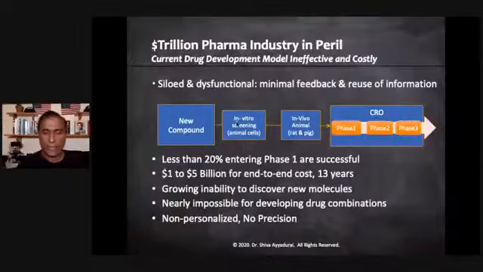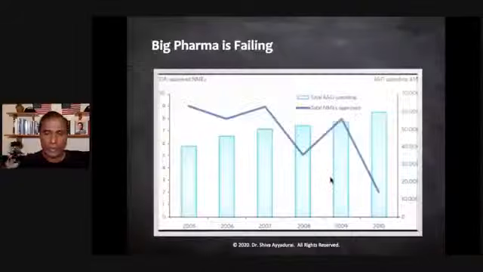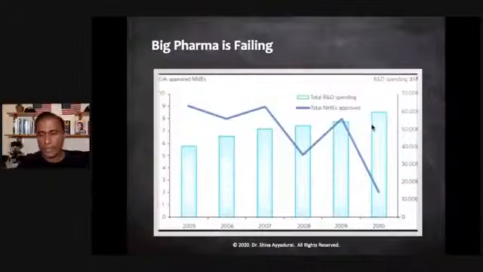They discover a compound, test it in a test tube, kill a bunch of animals, and then test on humans. This takes a long time. It takes 13 years, is very expensive, and it's not working. In fact, year over year, as the bar chart shows, the more money they spend on the R&D process, the fewer new drugs they discover, because the FDA is not even allowing many of these toxic drugs.